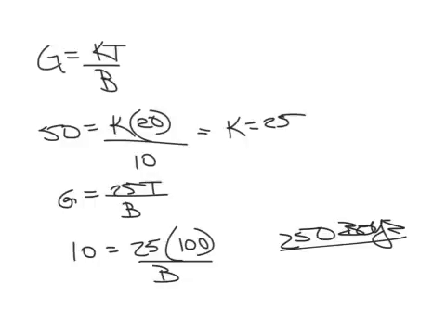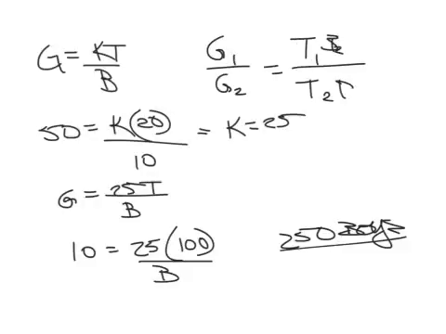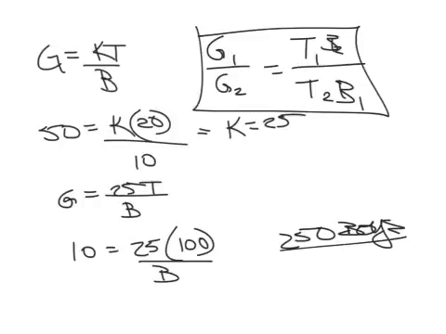Now you could also use the formula G1 over G2 equals T1 B2 over T2 B1. Okay, very similar to the very top of page 399 with the formula. Then you're not looking for k at all. You're just putting in all of the numbers in order to solve this.